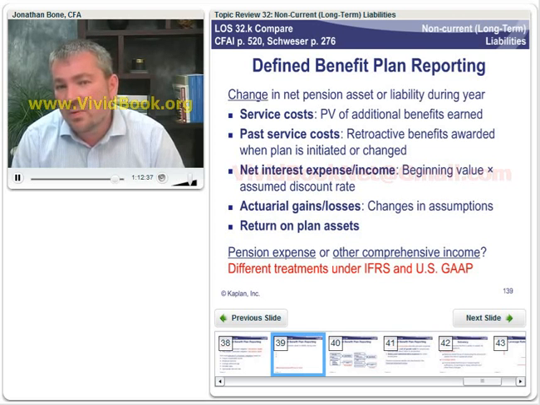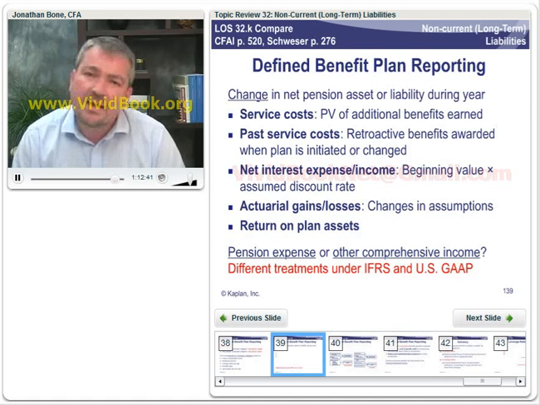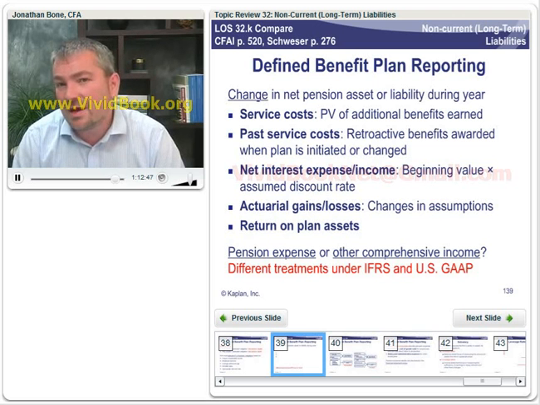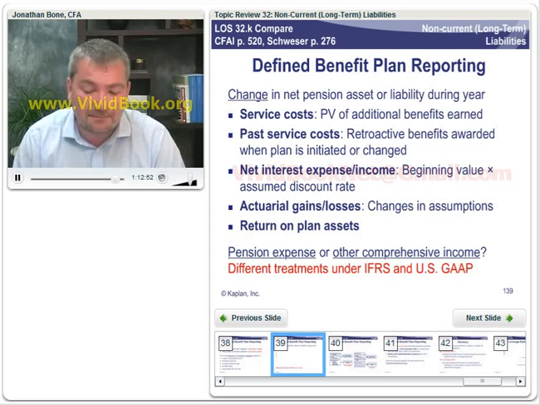Because remember, we work out the benefits we're going to pay to our retirees at their retirement date and then discount them back to the current point in time. So for every year that we pass through, we're 1 year closer to retirement, and therefore the present value of those benefits paid is going to be bigger. So the estimated obligation gets larger by the interest expense each period.